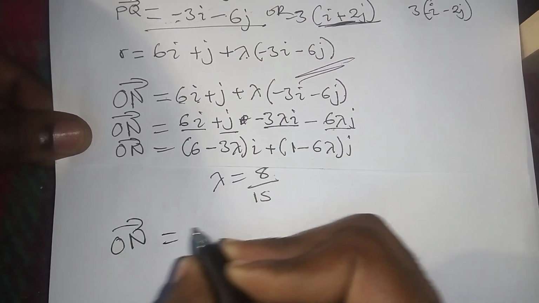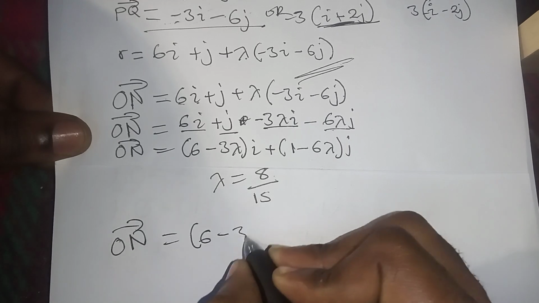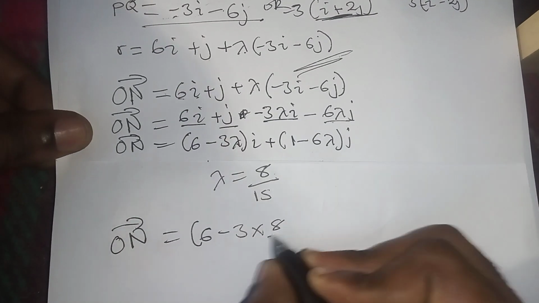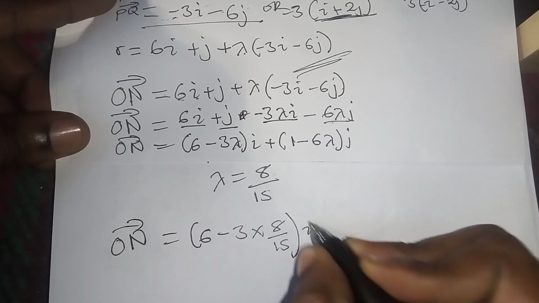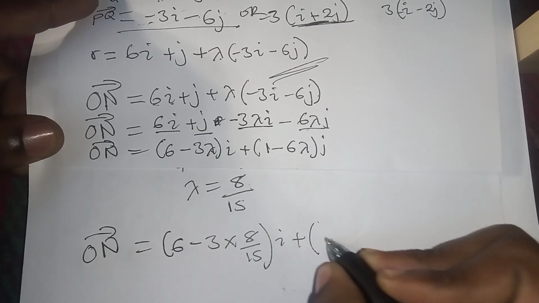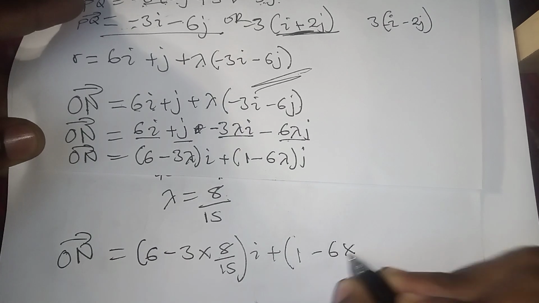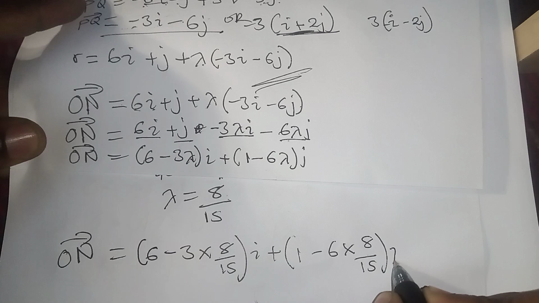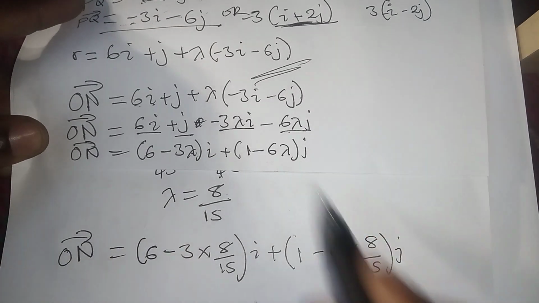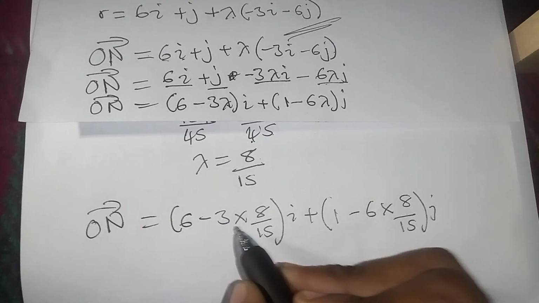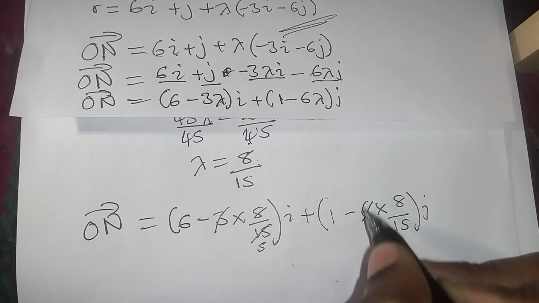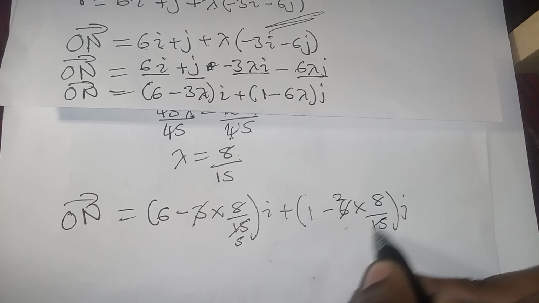So ON will be 6 minus 3 multiplied by lambda, which is 8 over 15, i, plus 1 minus 6 multiplied by 8 over 15, and then this is j. Remember, lambda is 8 over 15. So 3 into 15 is a 5, 3 into 6 we have a 2, and 3 into 3 we have a 5.